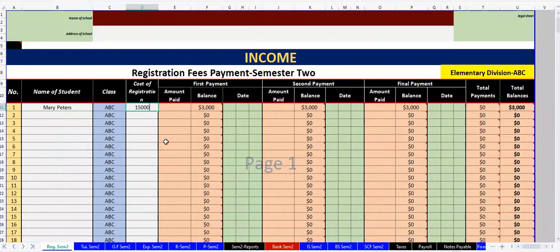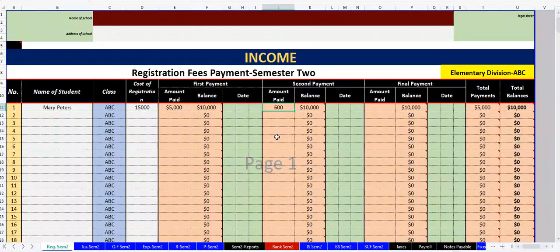For a new student. Now she paid 5,000 for the first payment. Second payment, she paid 5,000. Let's say she paid 6,000 for the second payment.